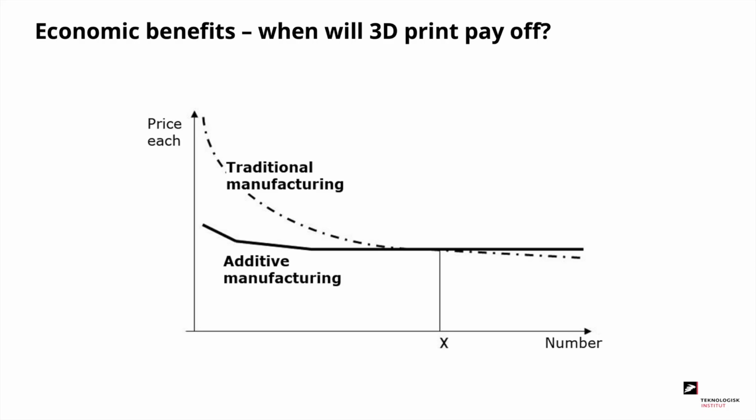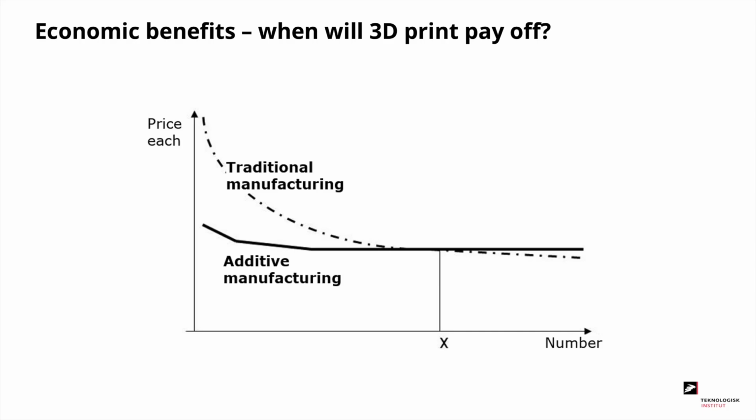For the traditional manufacturing you have to depreciate the high initial cost over the number you produce. And then at a number of X you have break even, meaning that with a number lower than X you would probably choose additive manufacturing, while for a number higher than X, you will choose traditional manufacturing.